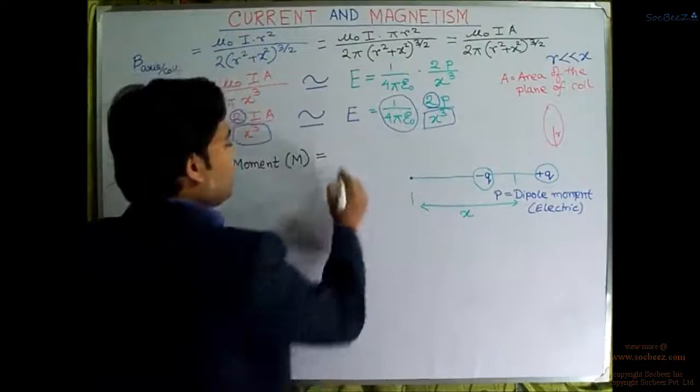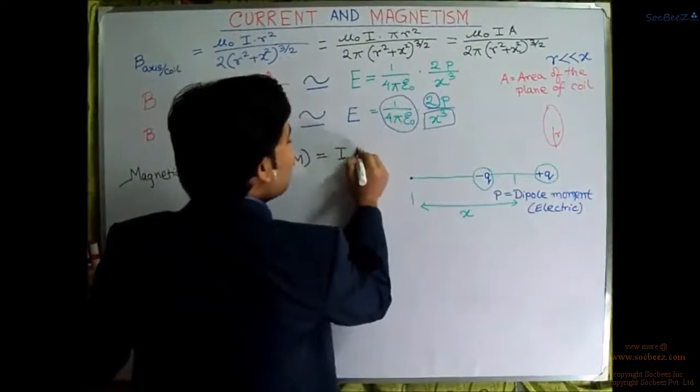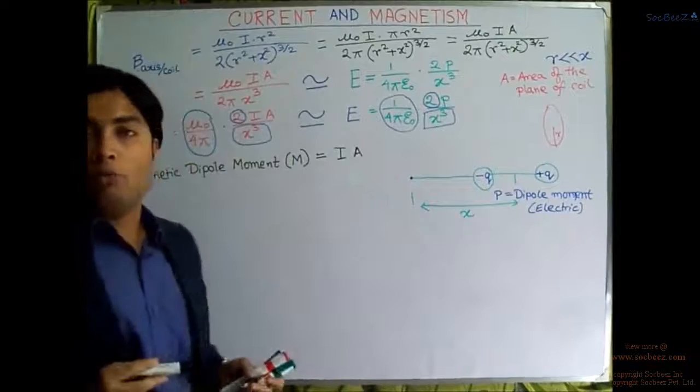So we can state this IA as the magnetic dipole moment.